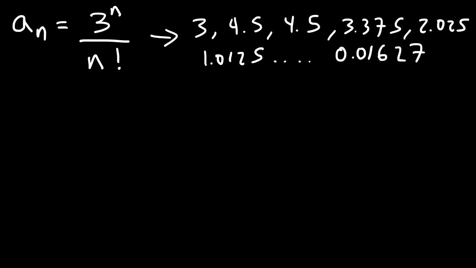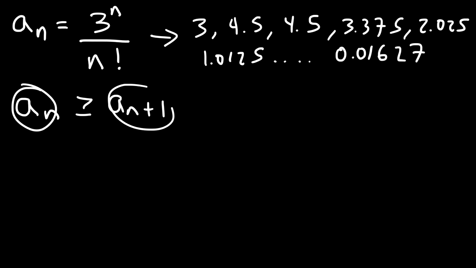Now, let's confirm it using a more generalized approach. So we know that a sub n has to be greater than or equal to a sub n plus 1 in order for us to have a decreasing monotonic sequence. So the previous term has to be larger than the next term.